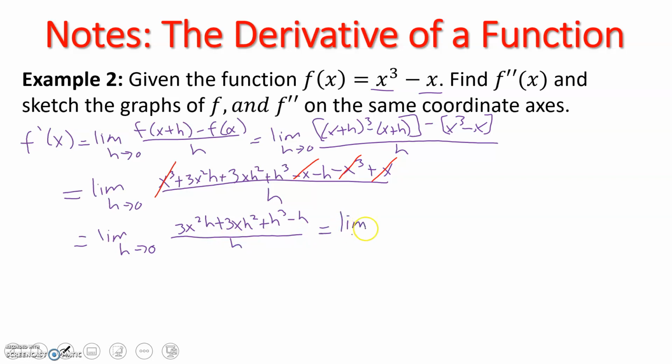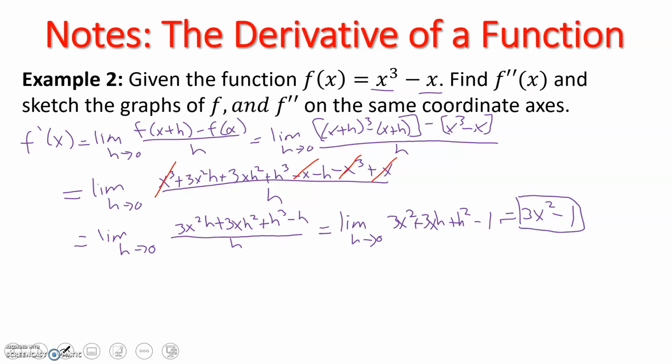Factoring out the common h from each term and canceling the denominator gives us 3x squared plus 3xh plus h squared minus 1. Direct substituting 0 for h gives us 3x squared minus 1, because all of the terms that have h will cancel.